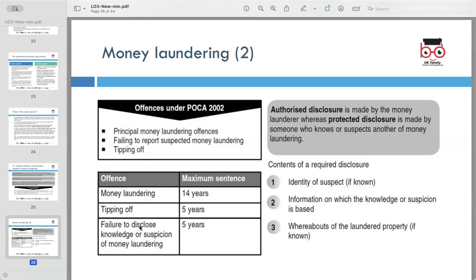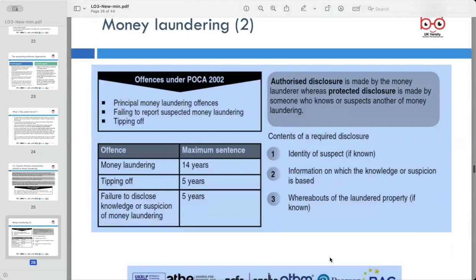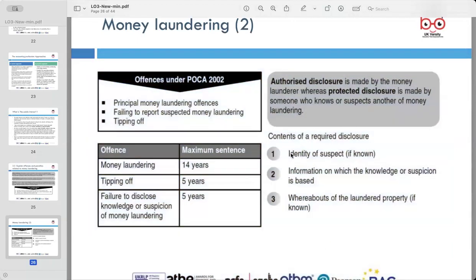So authorities distinguish between authorized disclosures made by money launderers and protected disclosures made by individuals aware of or suspecting money laundering activities. A required disclosure must include the identity of suspects, information supporting suspicions, and details of laundered property where known.